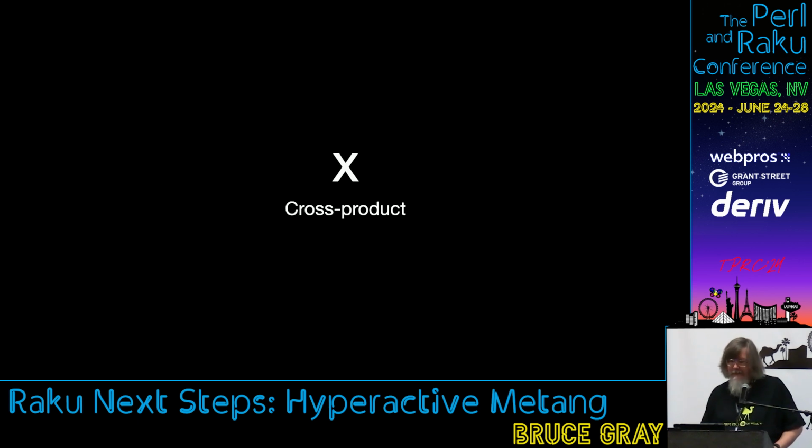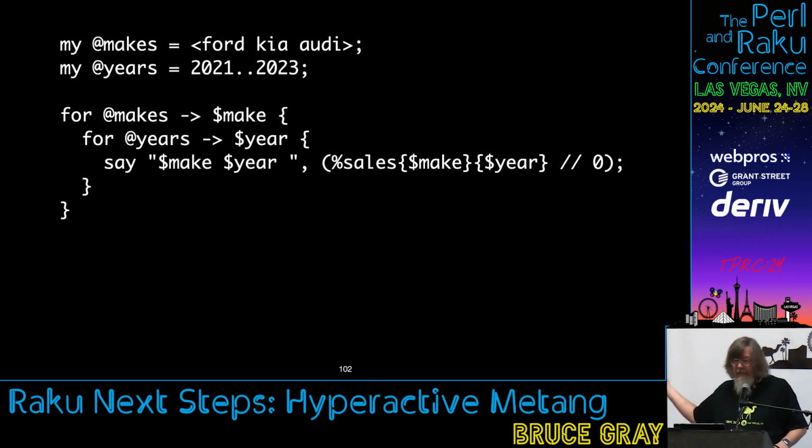Okay, X, the cross product. Let's see how much of this we can get. Imagine car dealership, sales report. So we'd write this kind of code. If our makes are Ford, Kia, Audi, and our years are those 3 years, then we would have an outer loop, an inner loop, and report on the make, year, and whatever our sales were.